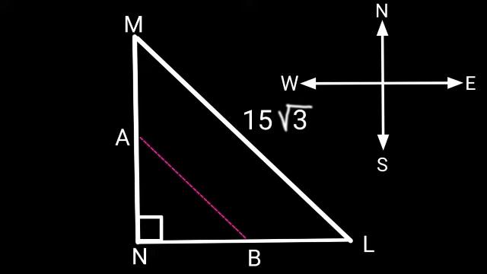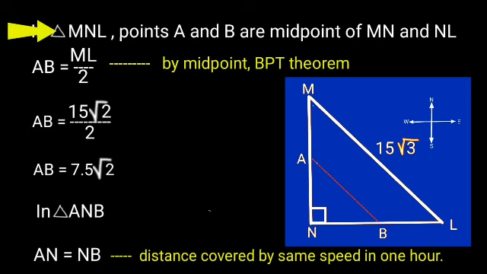By BPT theorem, AB is nothing but 1/2 of ML. In triangle MNL, points A and B are the midpoints of MN and ML. Hence, AB is equal to ML upon 2.